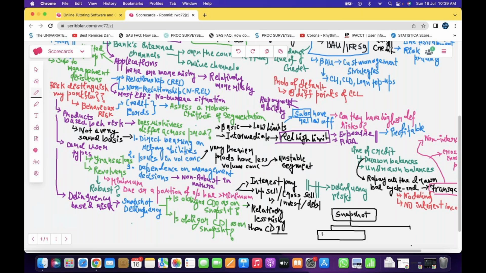One segment is delinquent. When I say delinquent over here, I mean only cycle one delinquent, because it can be cycle two or cycle three. It is only the snapshot delinquency: whether a borrower as on that given month is one cycle delinquent or not, vis-a-vis whether he is non-delinquent.